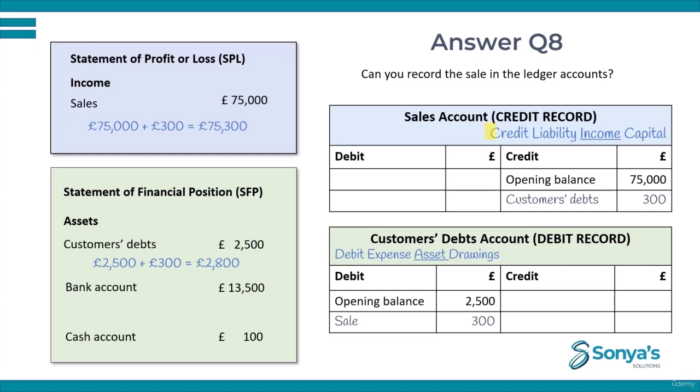We need to increase the amount of income the business has earned by crediting the income account, the credit record, and increase the amount customers owe by debiting the Customers' Debts account, which is the asset account and debit record. The account balances are now £75,300 and £2,800.